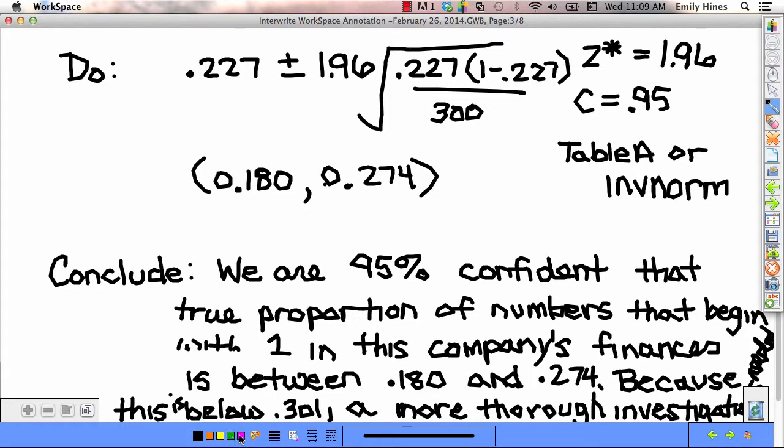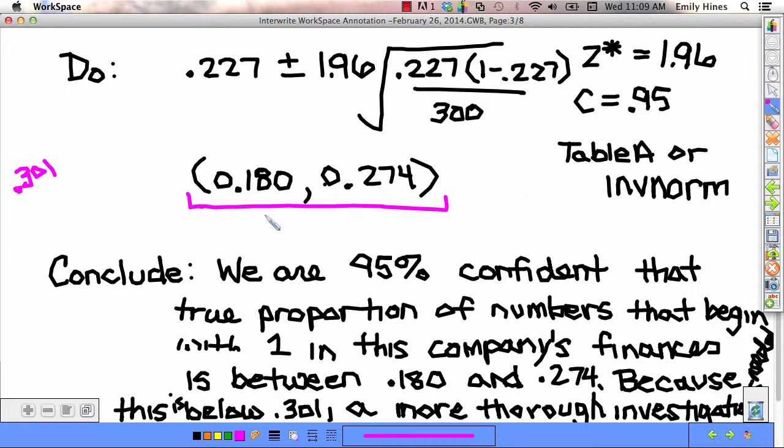The reason that we can conclude this is because I know that the 0.301 was the number that they said that should be. Okay, this not only tells me that 0.301 is not in the interval, which would give me a rejection, it also tells me it's below.